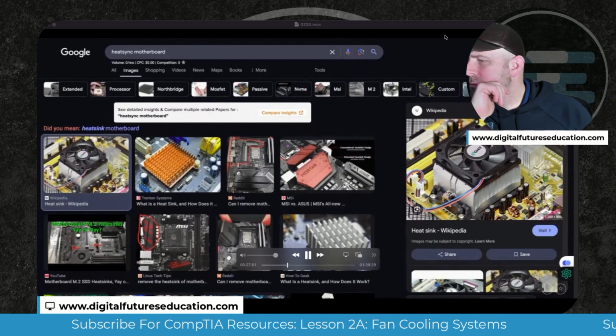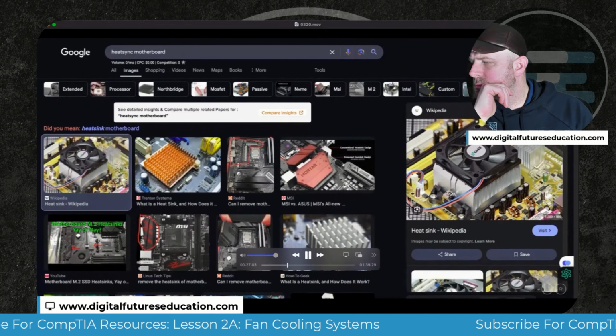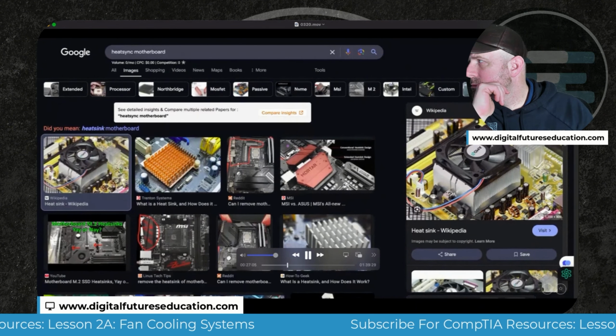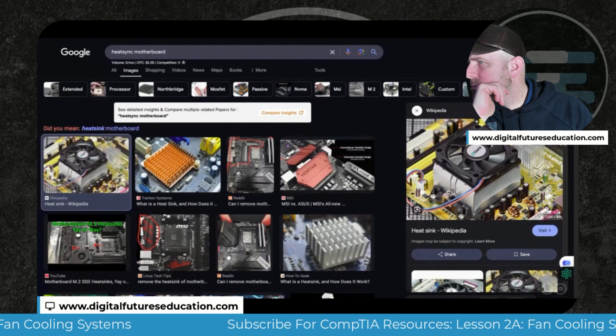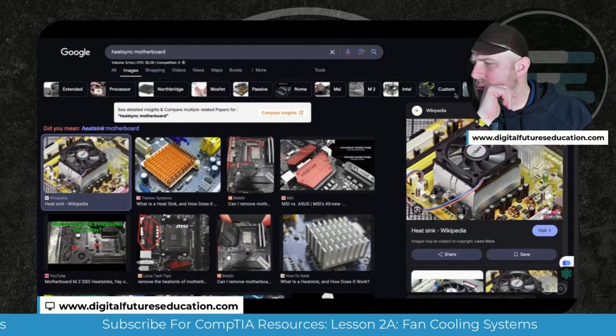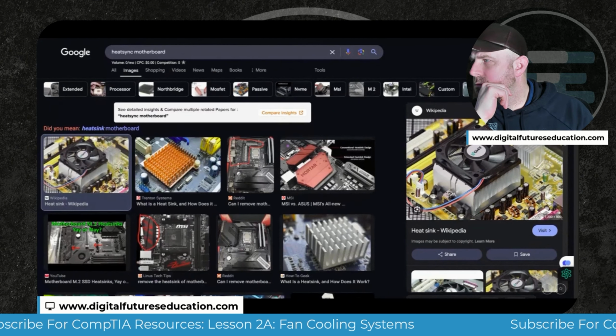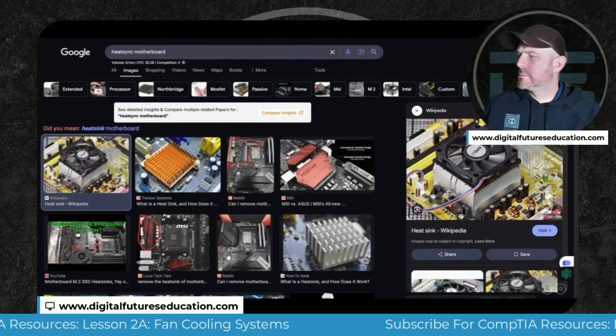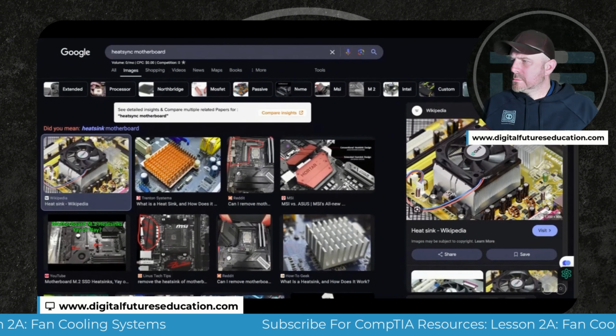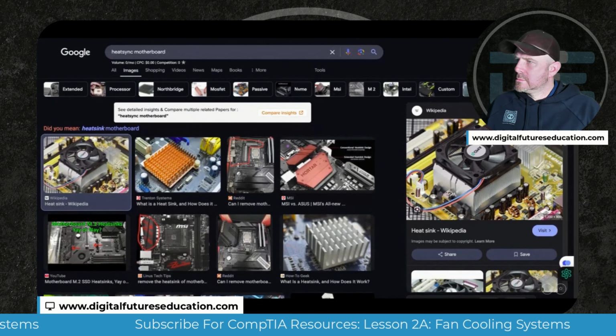The fan is here to help blow the heat off. So as it comes up through the metal, it pushes the heat away to keep the CPU, which is below this in the socket, cool. So that's what it looks like on a motherboard.